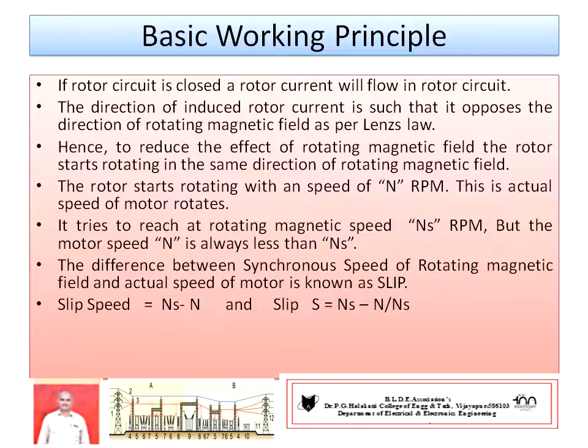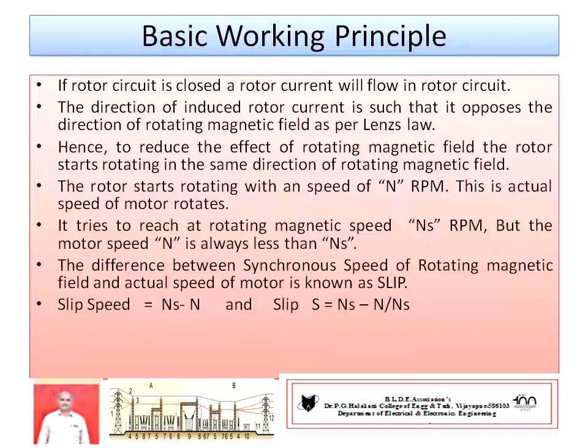If the rotor circuit is closed, the induced rotor current will flow in the circuit. The direction of the induced rotor current is such that, as per Lenz's law, it opposes the cause which produces it.